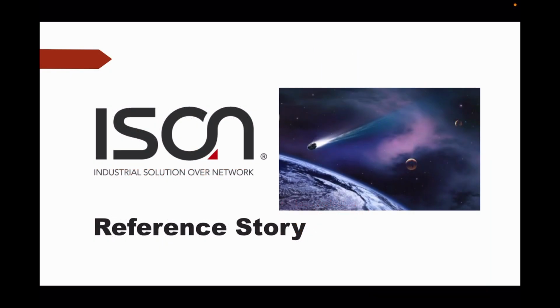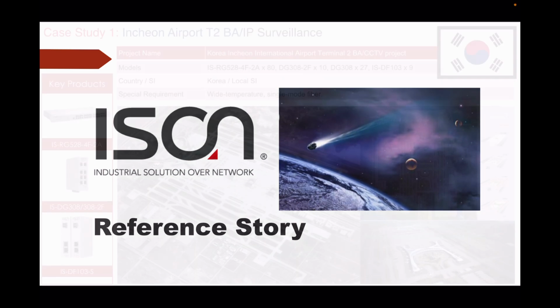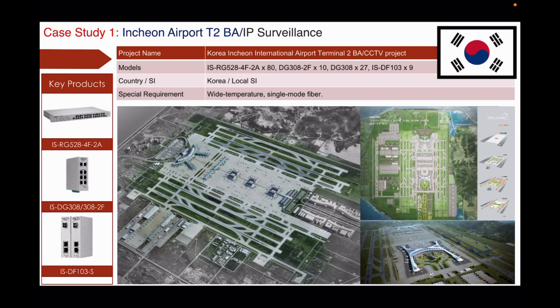The reference stories may give you the concept to know where to find the suitable customers. Case Study 1, Incheon Airport Terminal 2 Building Automation and IP Surveillance in Korea. Special requirements: wide temperature, single mode fiber.